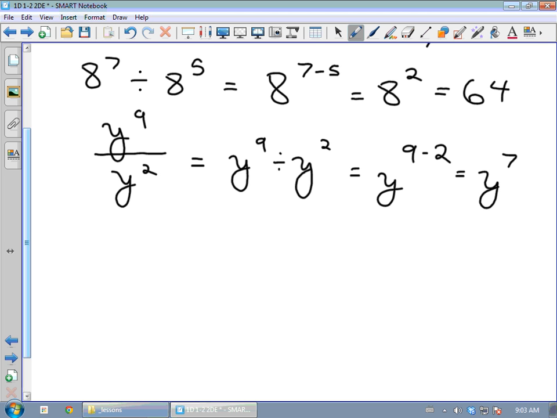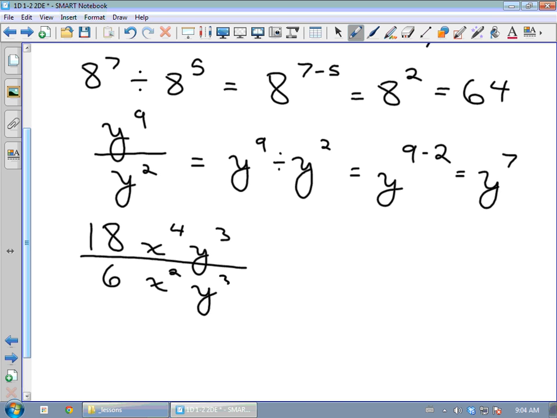So try one here that's a little bit more complicated: 18 x to the power of 4 y cubed divided by 6 x squared y cubed.